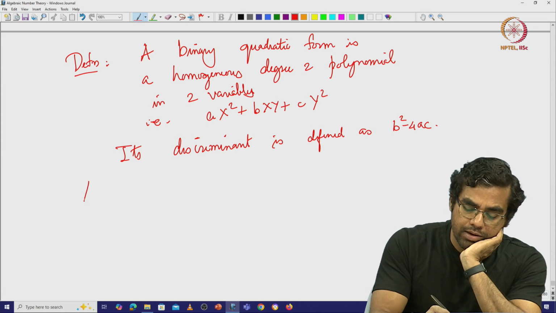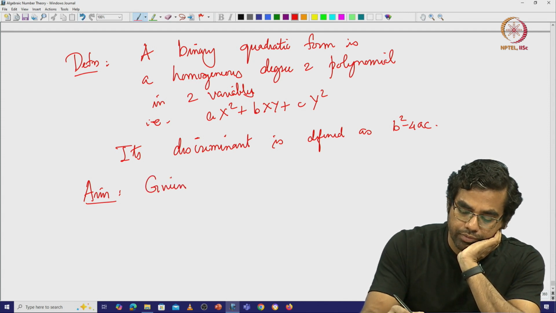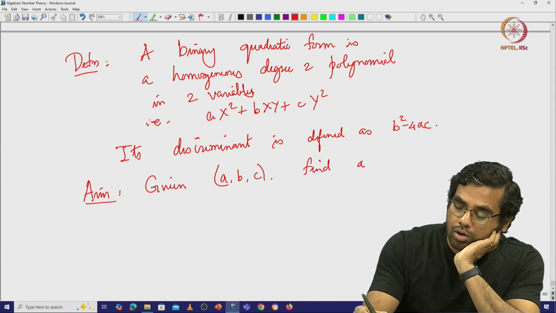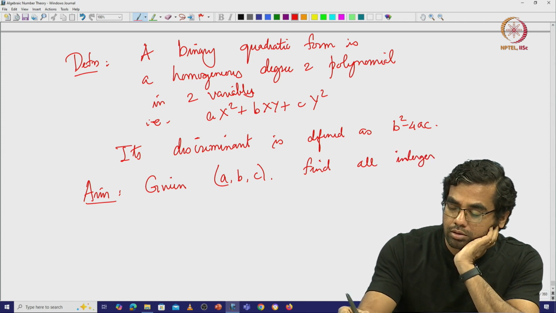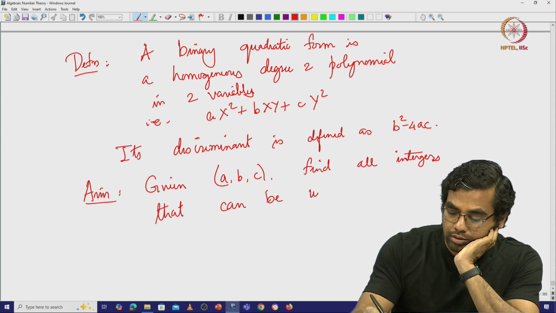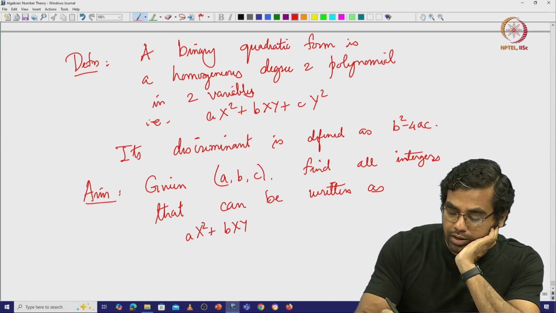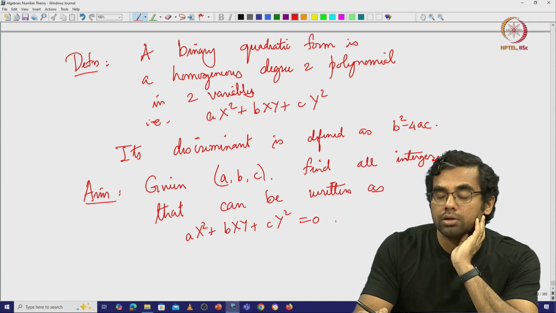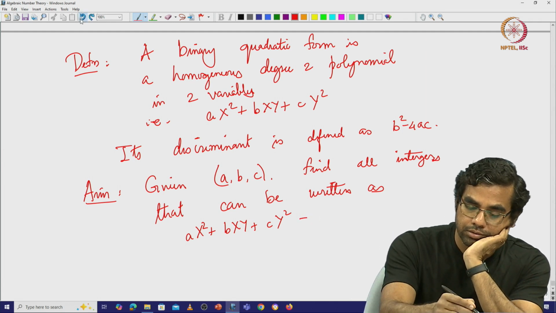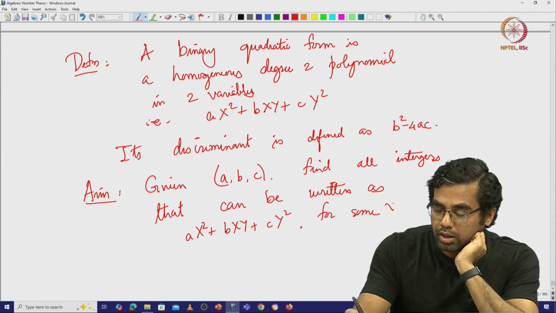So one aim would be: given a, b, c, find all integers that can be written as ax squared plus bxy plus cy squared, for some x and y in Z.